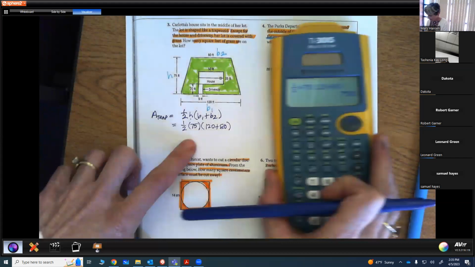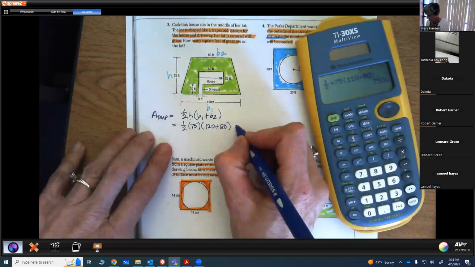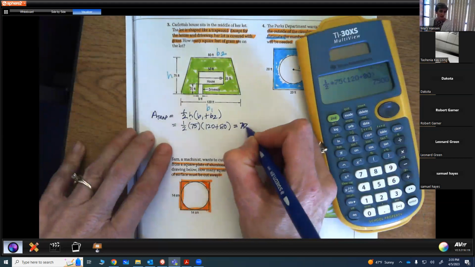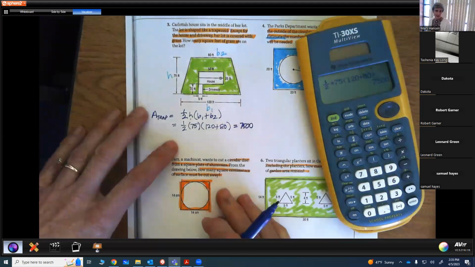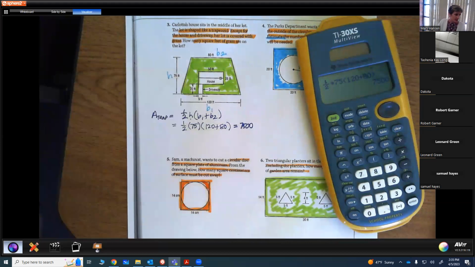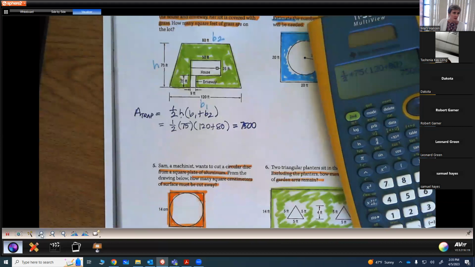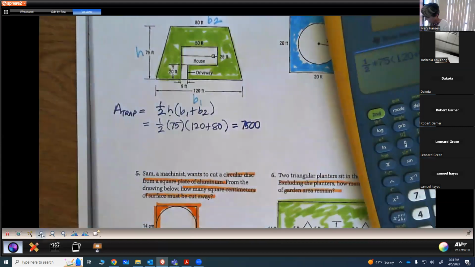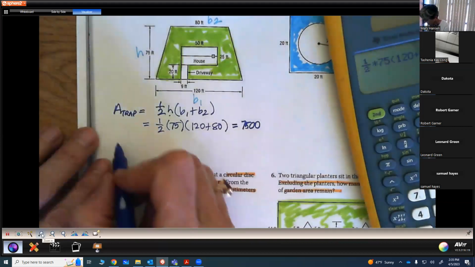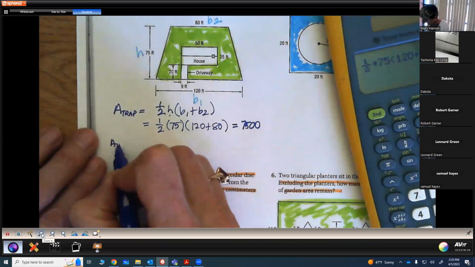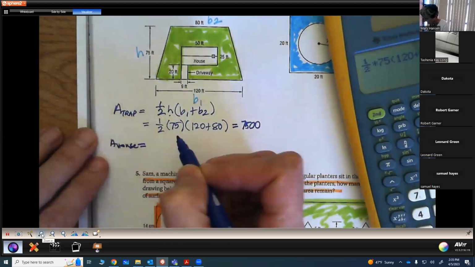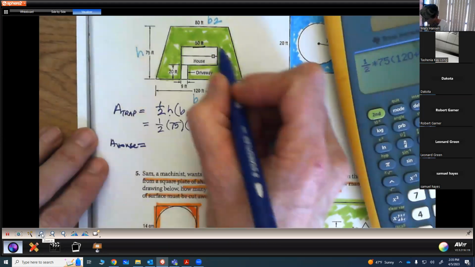So the area of that whole lot is 7,500. But we need to take out the house and the driveway because there's no grass in the house, and there's no grass on the driveway. And so the area of the house would be the 50 times the 25.